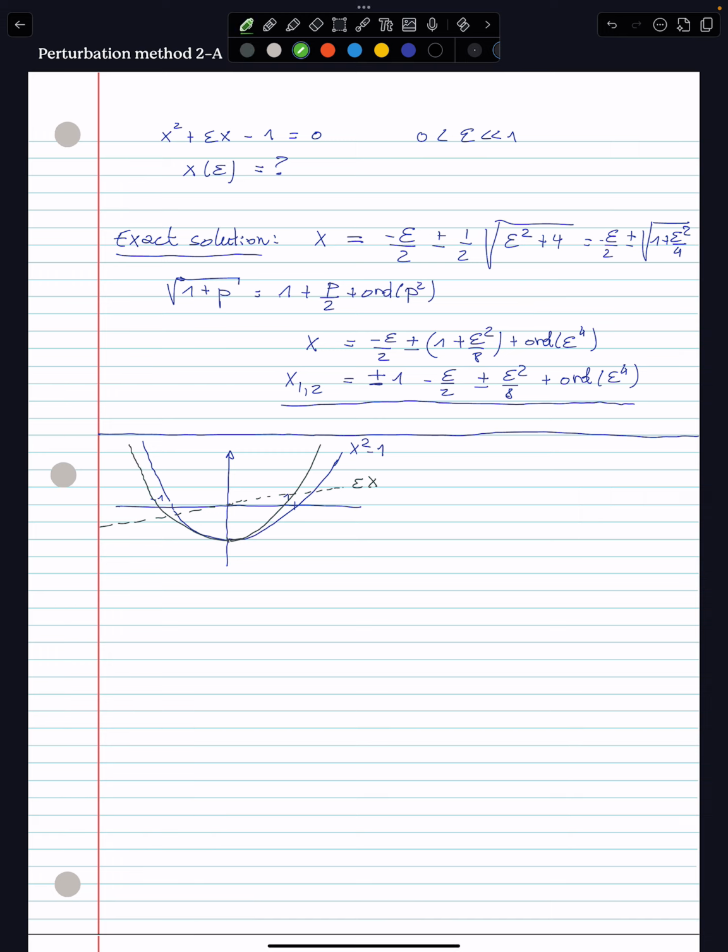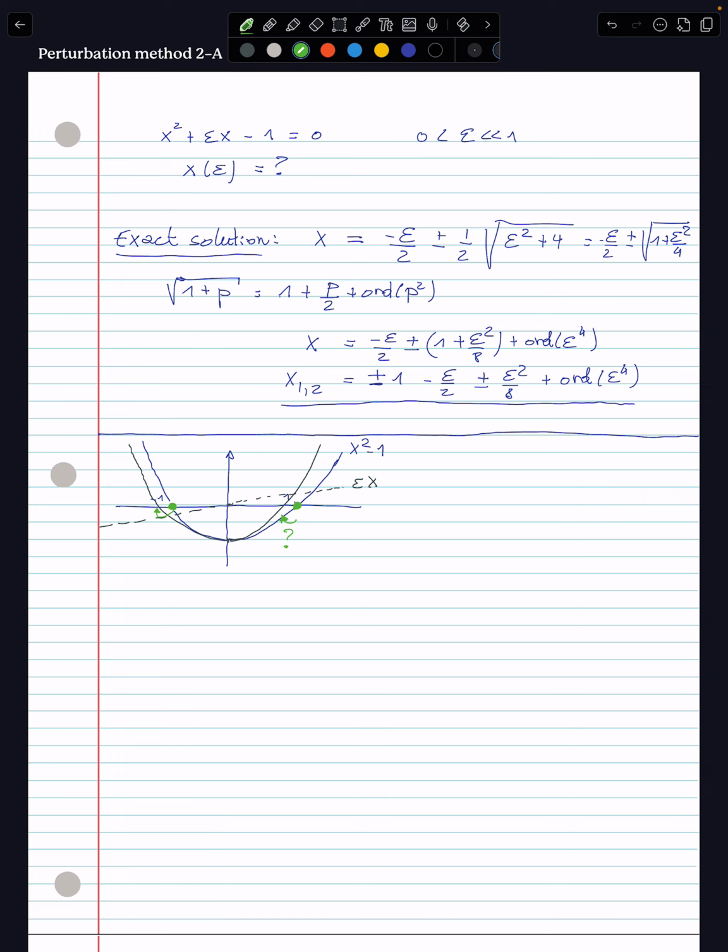And so what do we see? We see that the root that was initially located here at 1 is shifted to the left by a certain quantity. The one that was located here at -1 is also shifted to the left by a certain quantity. And the question, of course, that we are interested to solve is how much.